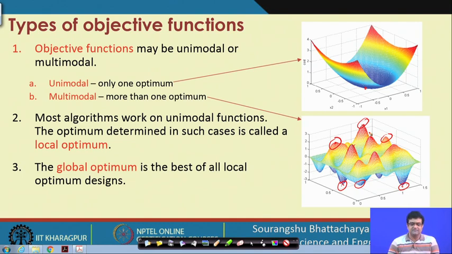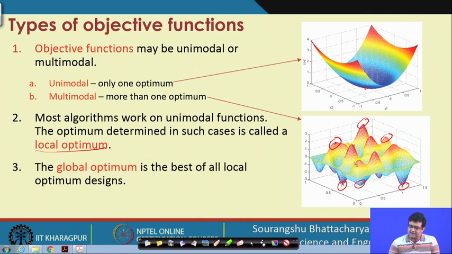Now, most optimization algorithms work on the assumption that the objective function is a unimodal objective function, and in such cases the optimization algorithms tend to find what is called a local optimum.